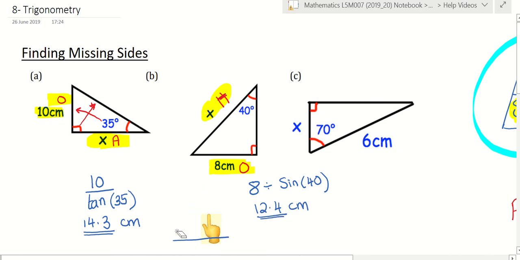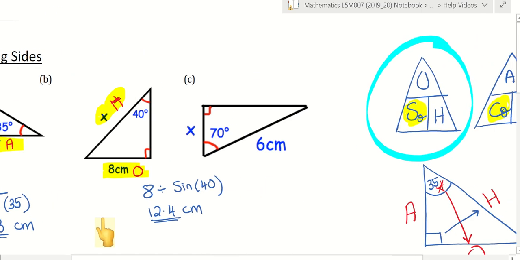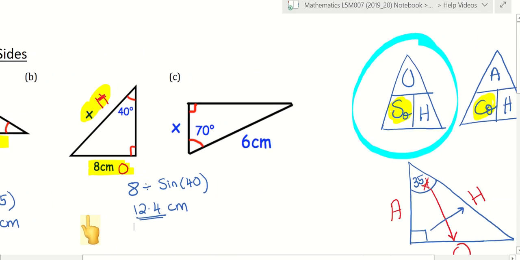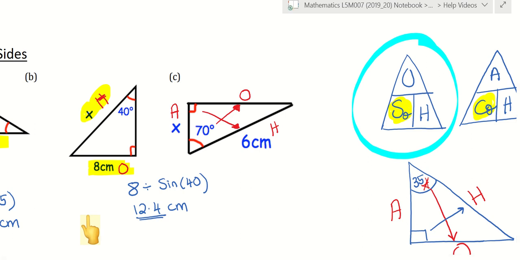And my last triangle, I start with labeling it. Opposite the right angle is the hypotenuse, opposite the angle 70 is opposite, and then the final one is adjacent. And then we work out which two we want.